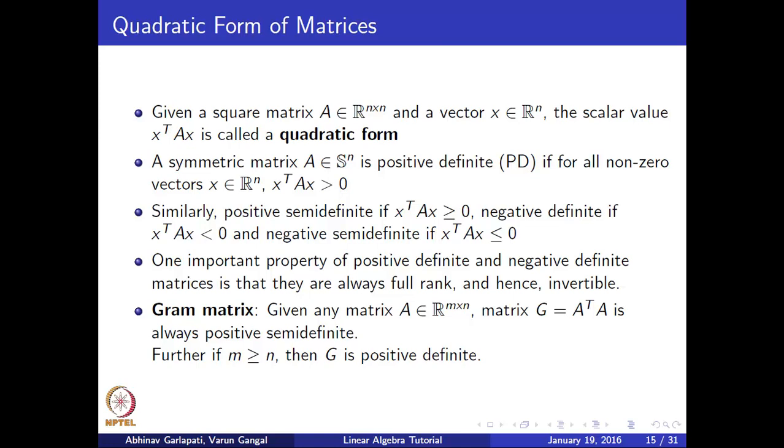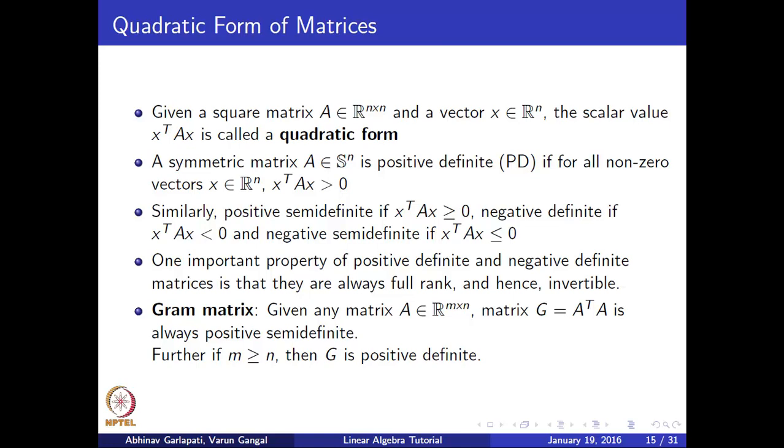A matrix A is said to be positive definite if its quadratic form is greater than 0 for any vector x. Similarly, we can define it to be negative definite. A matrix A is positive semi-definite if the quadratic form is greater than or equal to 0 for any vector x. Note that equality with 0 also may hold here. One important property of positive and negative definite matrices is that they are always full rank. An implication of this is that A inverse always exists.